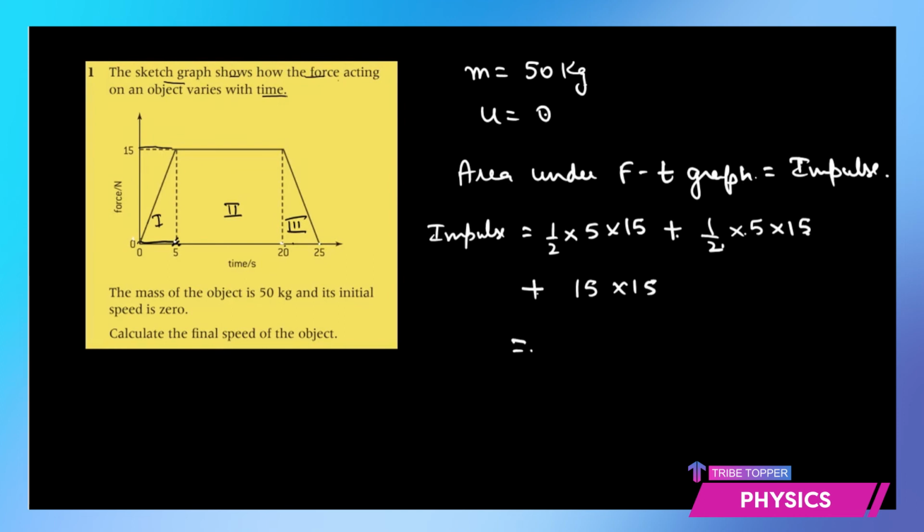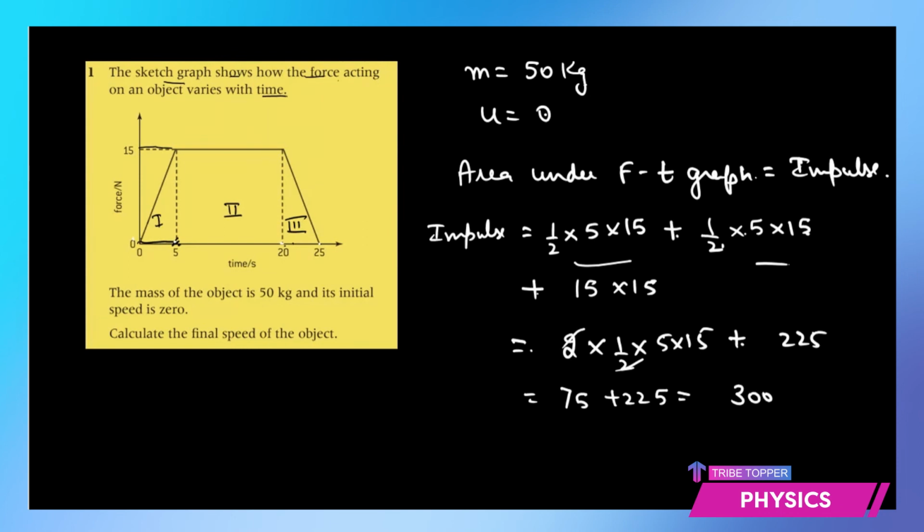Since the two triangles are the same, we can say twice of this, which makes our calculation easier. Plus 15 times 15 is 225. So we have 75 plus 225, which gives me 300 Newton second. That is force into time, Newton second, the unit of impulse.